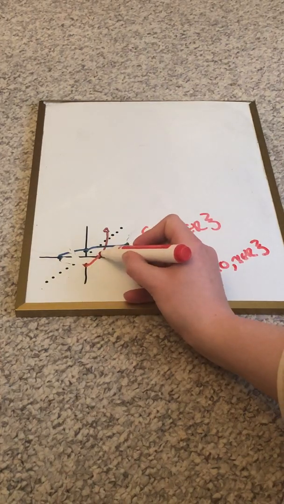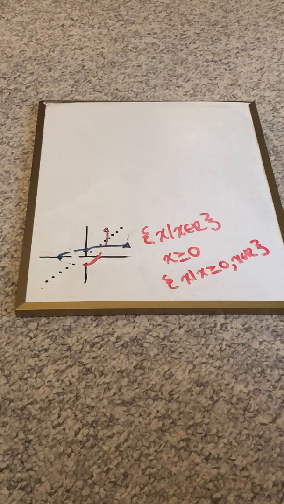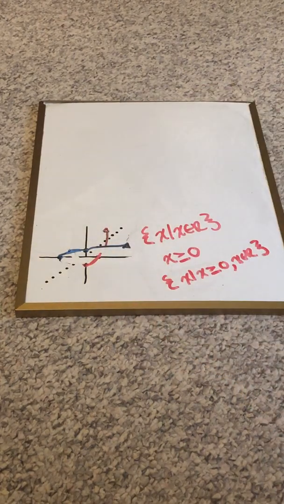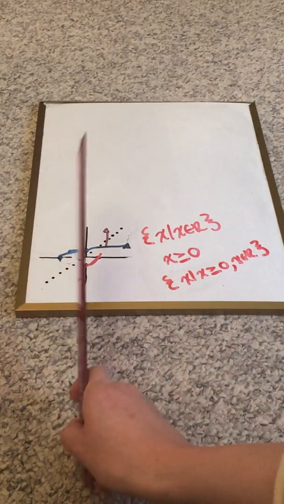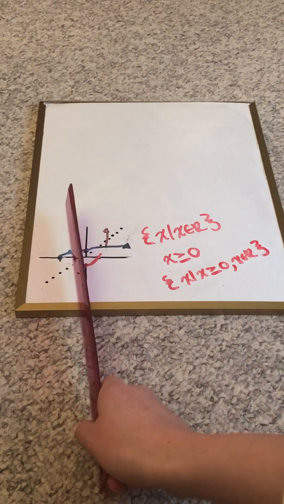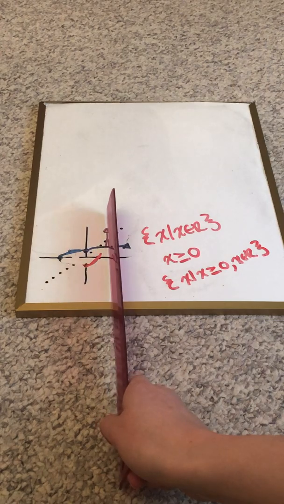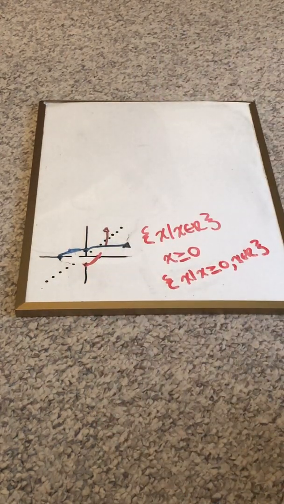So again, in red is our original, and in blue is the inverted. Now I'm going to grab my ruler again for the vertical line test. And as you can see now, the ruler only crosses the graph once at each point, which means that our inverted function really is a function.